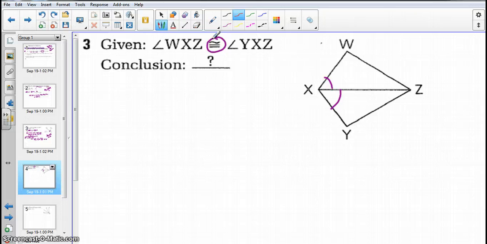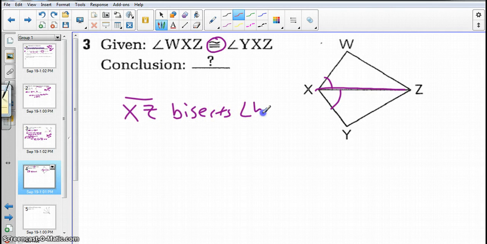We have two angles. They're connected by a segment XZ. So a direct relationship we could get from that would be to say that XZ bisects angle WXY.